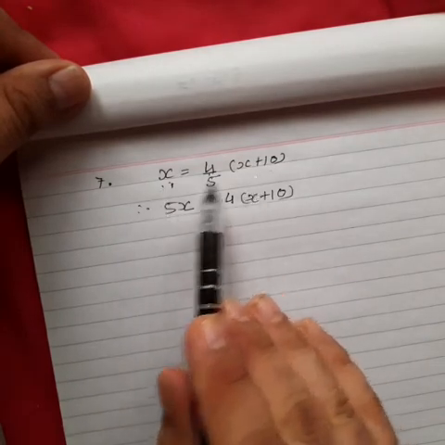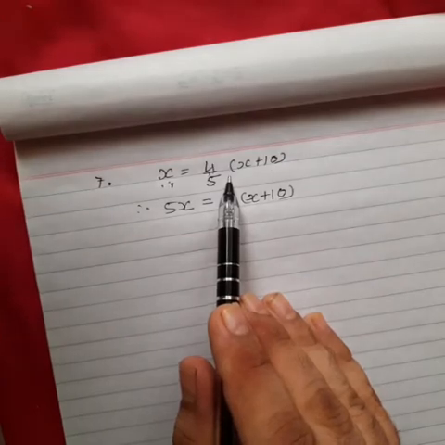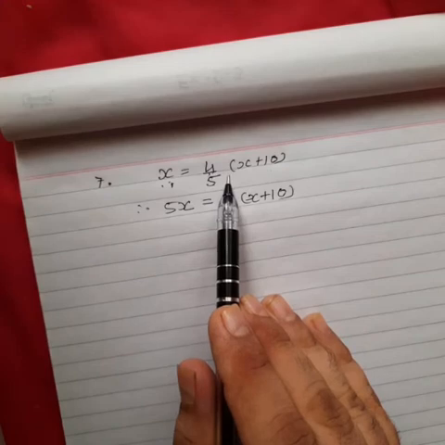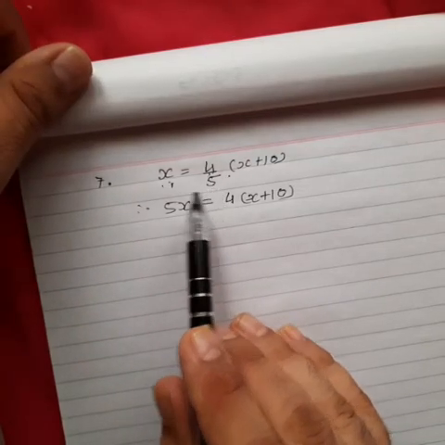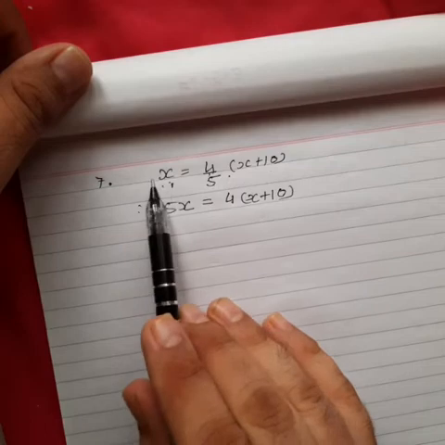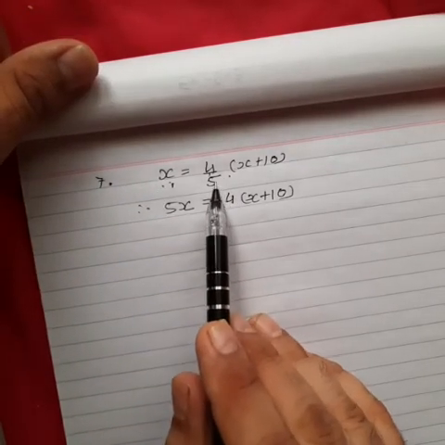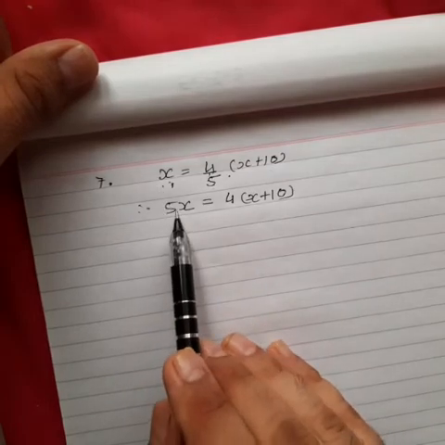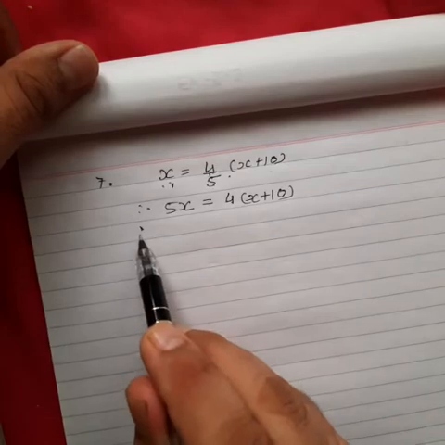Both sides are single terms, so the only possibility to solve it is by the multiplication and division part. Addition and subtraction, sign change will not happen here. So first I shift the denominator to the other side, so it will be multiplied at the numerator of the other side. So we do that first. So 5 multiplied with x, we get 5x, and the remaining 4 into bracket x plus 10.